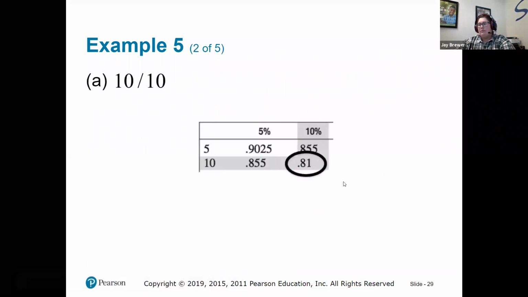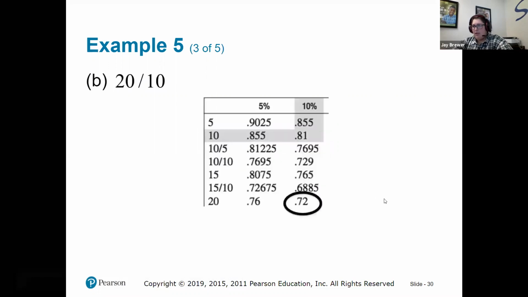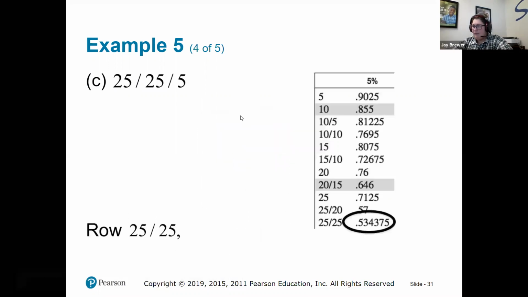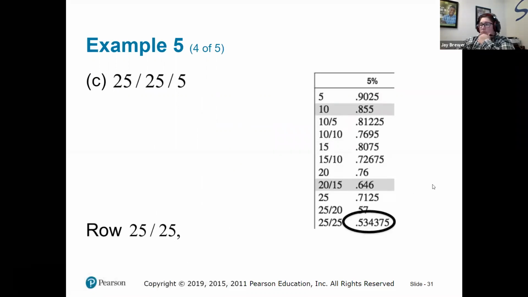Oh, good. We got the first one right. Go us. We did it. Hey, we got the second one right. And we got the third one right. Now I'd like to see their voodoo magic on the last one.